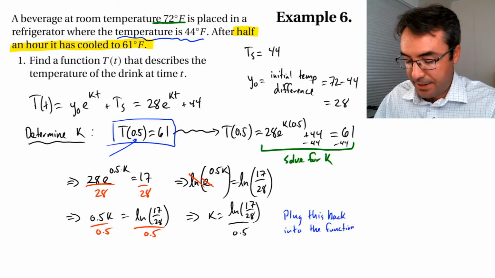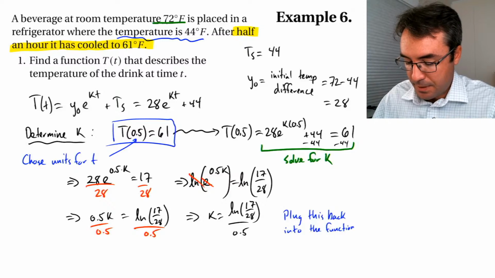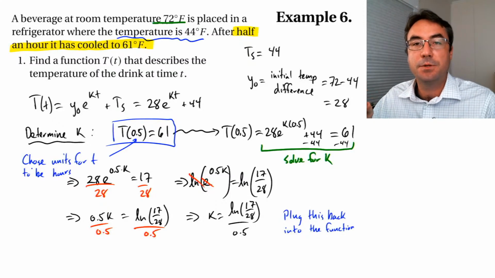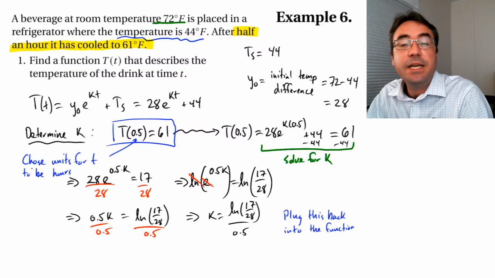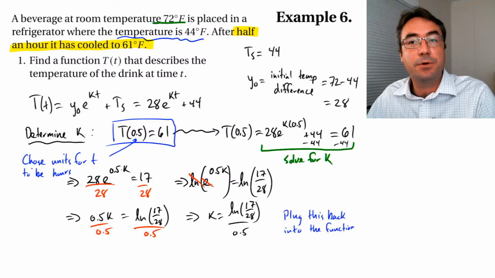So this is really telling us that we chose the units for T to be hours. When we say half an hour, we could have used minutes, so we could have done T of 30. Here we've set our units to hours, so we're using 0.5.